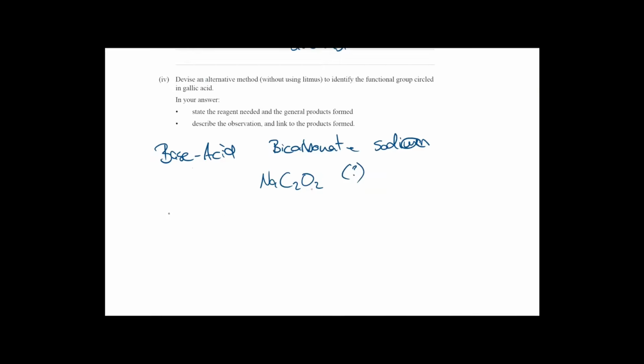So you're going to put it in, and you're going to notice if it does have it, it's going to have effervescence, and I can never spell this one. Effervescence, it's going to bubble, and it's going to make water plus carbon dioxide. So it's going to form a salt as well.